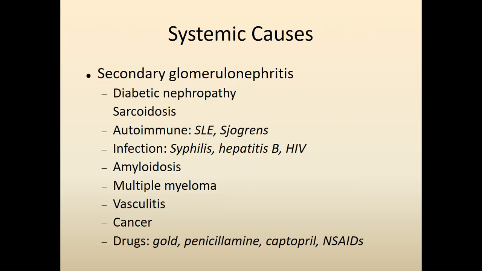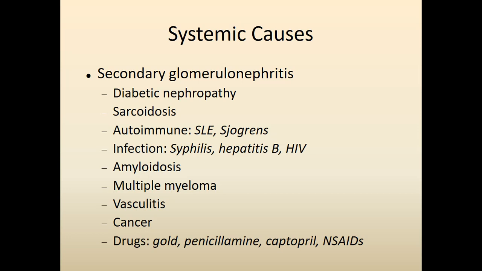The secondary causes: diabetic nephropathy is also a secondary cause of nephrotic syndrome. Sarcoidosis, autoimmune diseases like SLE and Sjogren can lead to secondary membranous glomerulonephritis. Infections, syphilis, hepatitis B, and HIV also cause membranous glomerulonephritis as well as FSGS.